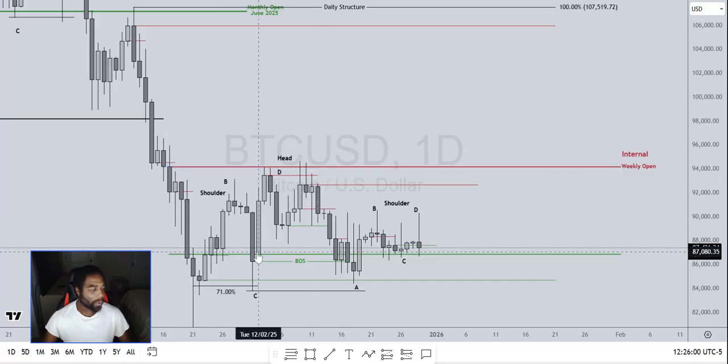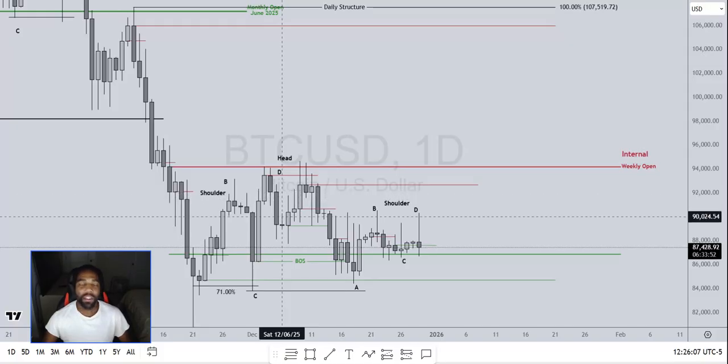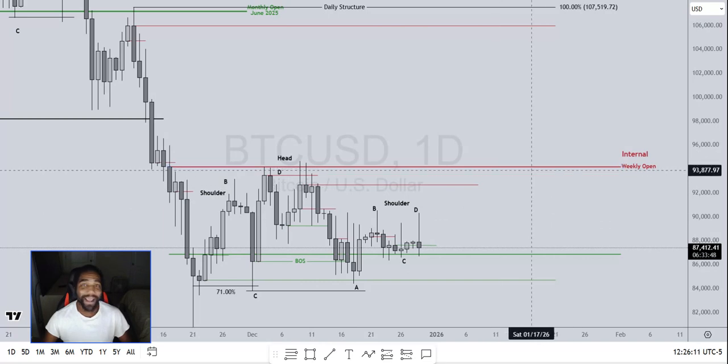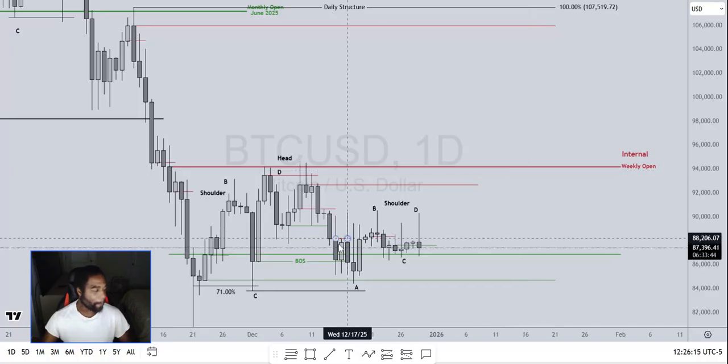So we want to read this bullish price action, this bullish structure that price is going to create in this bullish retracement. In this bullish retracement, we know price is inside of that bearish weekly candle, right?